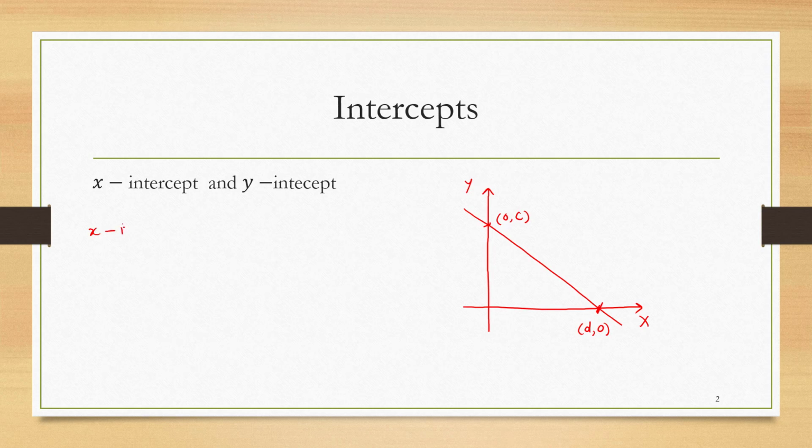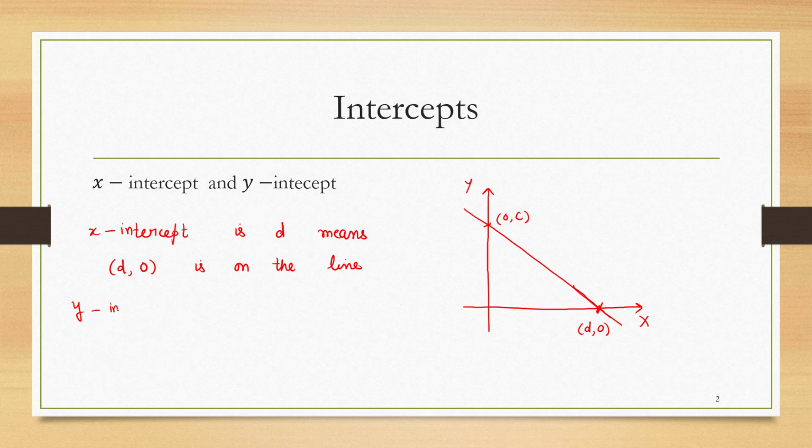So x-intercept is d means the point (d, 0) is on the line, the line which we have to find.